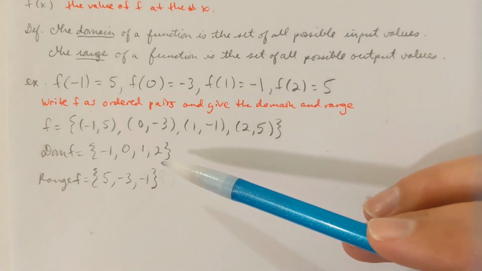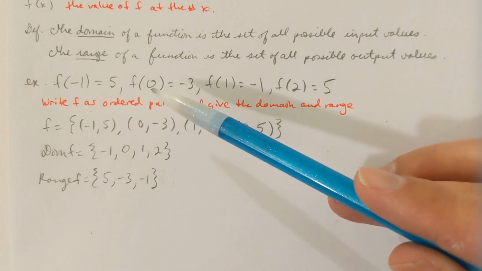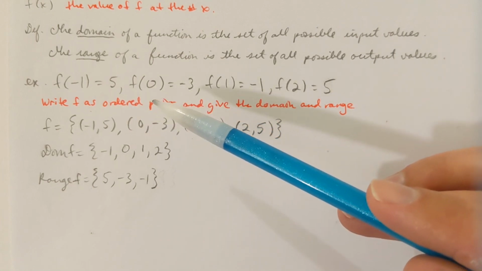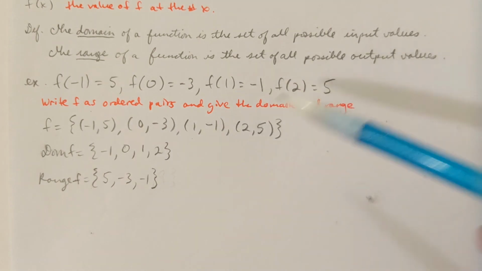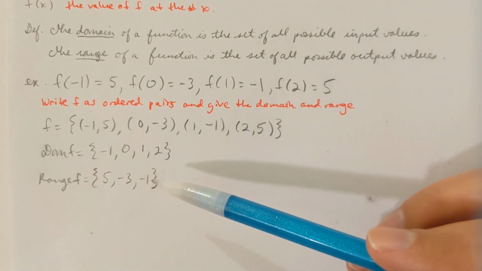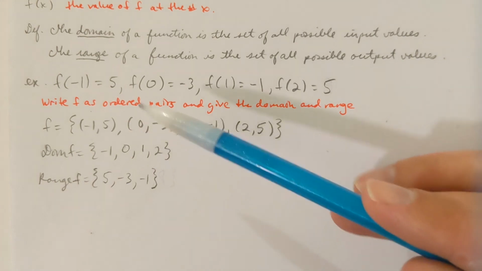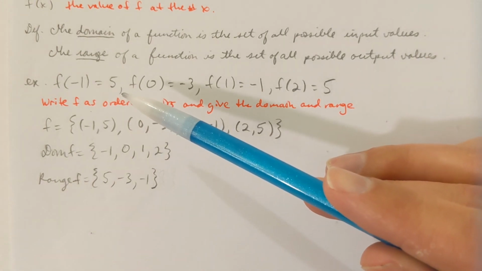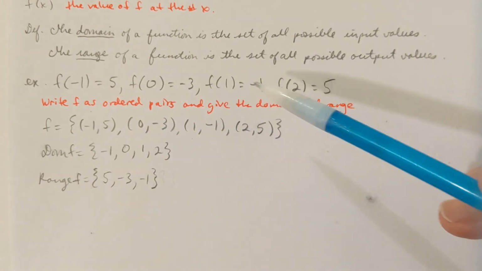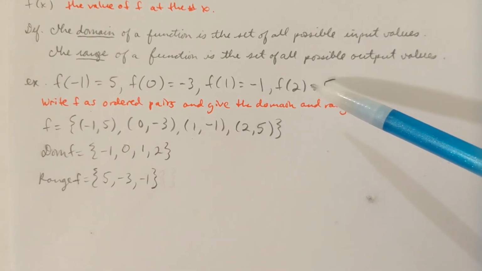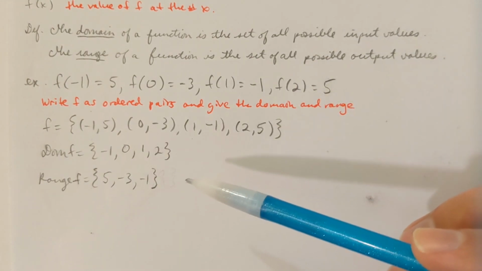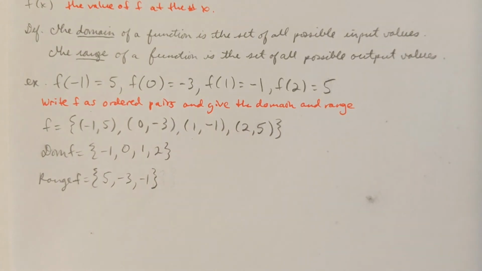The domain is the set of all input values. The input values here would be the numbers on the left side: -1, 0, 1, and 2. The range is the set of all output values, so the numbers on the right side: 5, -3, -1, and 5. Now 5 is listed twice, and there'd be no harm with writing that number twice.